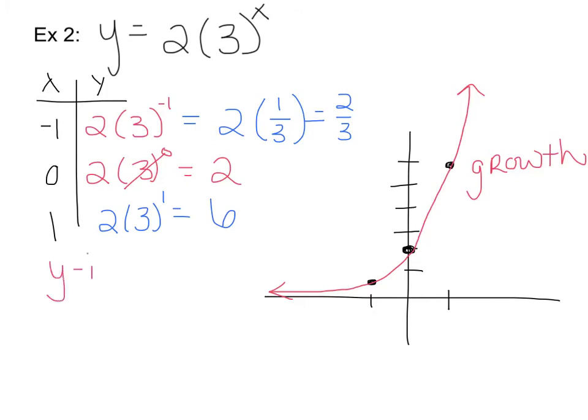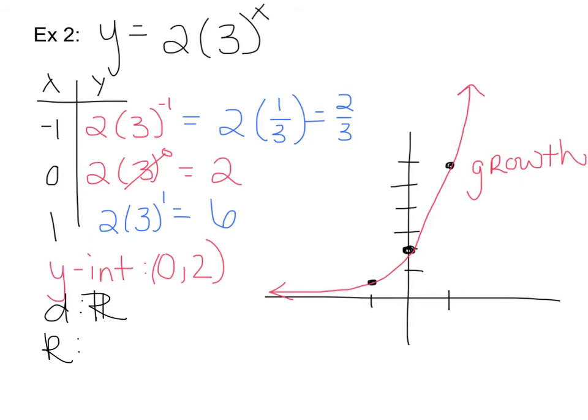The y-intercept this time is 0, 2. Remember, that makes sense as well because it's whatever a is. The domain again is all real numbers. The range, y is just greater than 0, not equal to. And your asymptote is y equals 0.